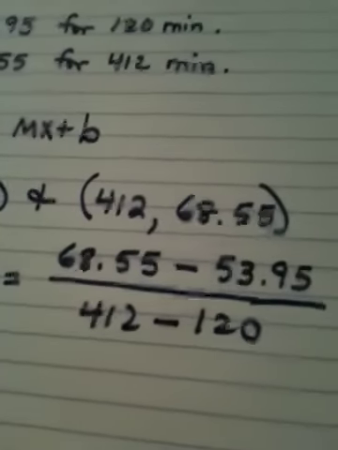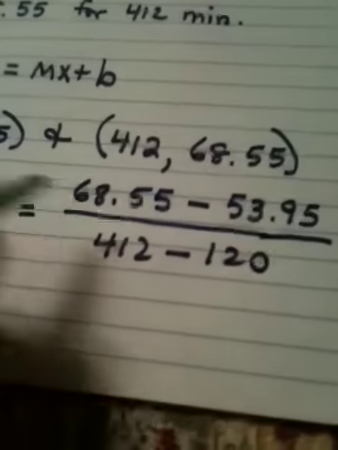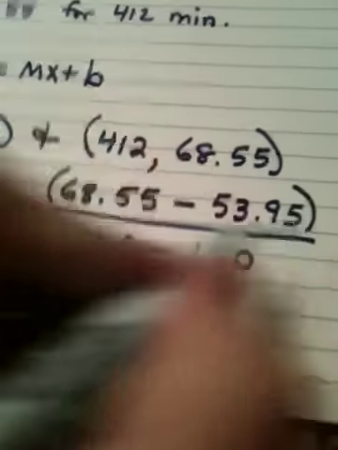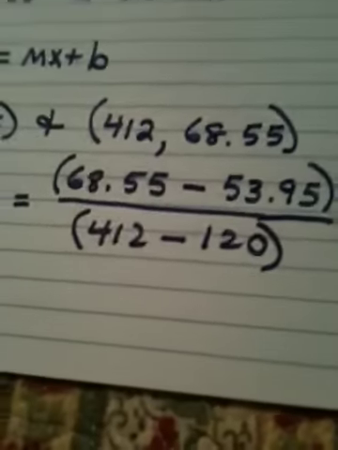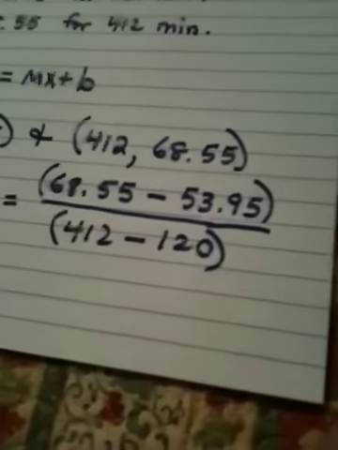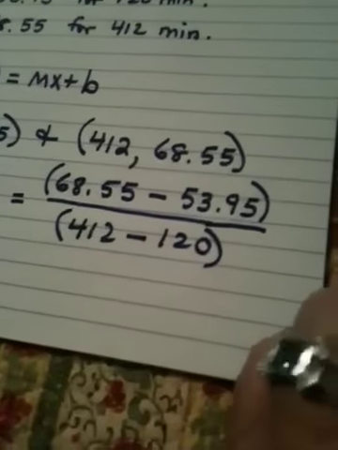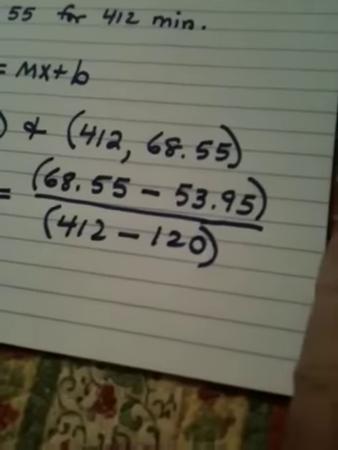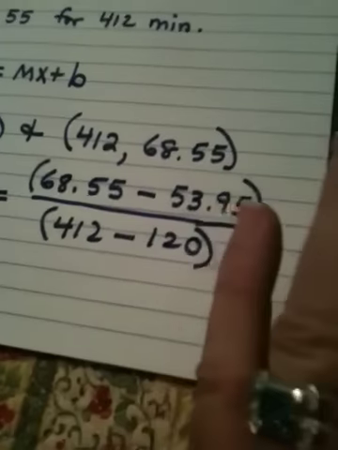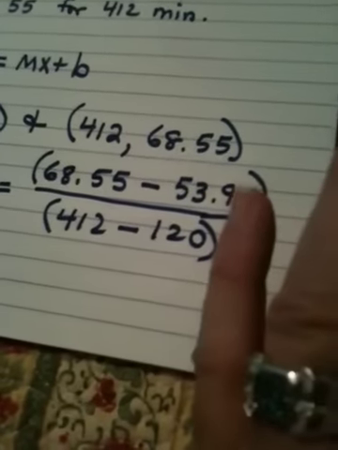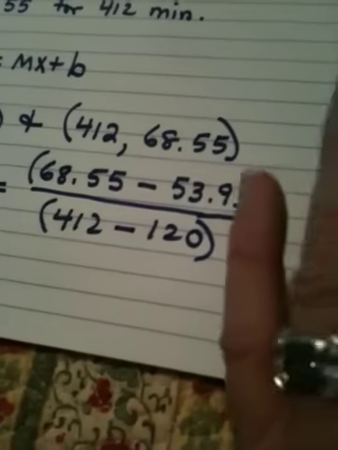Now, I need to pull out my handy-dandy calculator. So I've turned on my calculator, and I'm going to type this in using parentheses. Left paren, 68.55 minus 53.95, right paren.